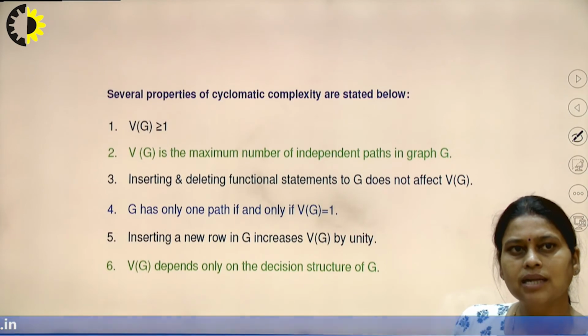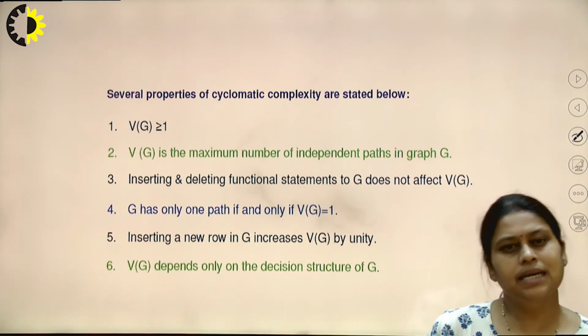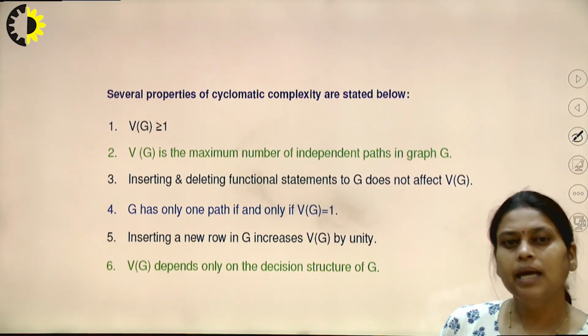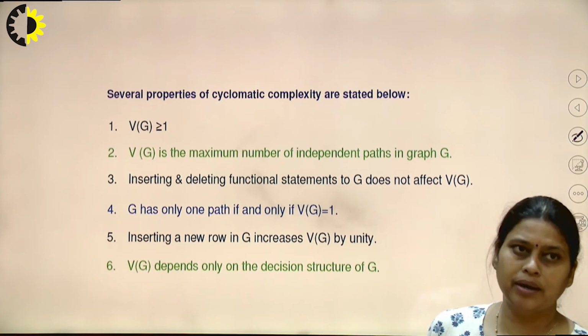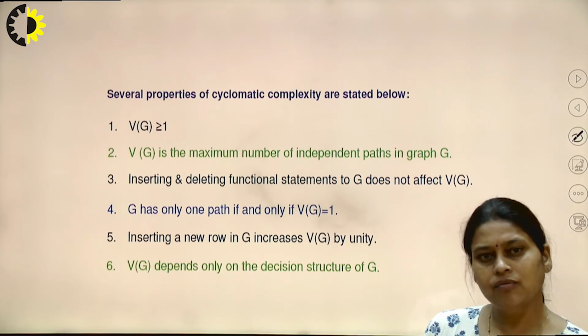So, these are some properties of cyclomatic complexity. Vg is always greater than or equal to 1, meaning the complexity of a given program is always greater than or equal to 1 because we have at least one statement in the program. Vg is the maximum number of independent paths in the graph.